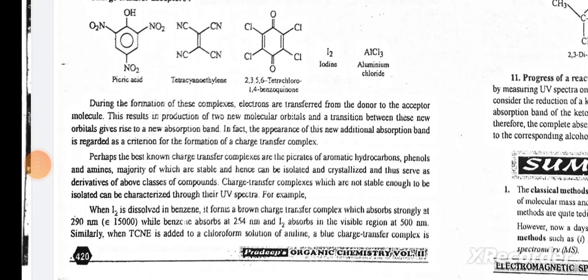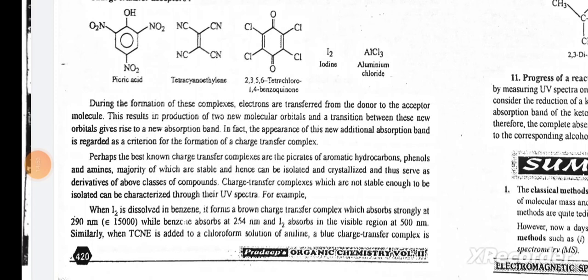During the formation of these complexes, electrons are transferred from the donor to the acceptor molecule. This results in production of two new molecular orbitals, and the transition between these new orbitals gives rise to a new absorption band. In fact, the appearance of this new additional absorption band is regarded as a criterion for the formation of a charge transfer complex.